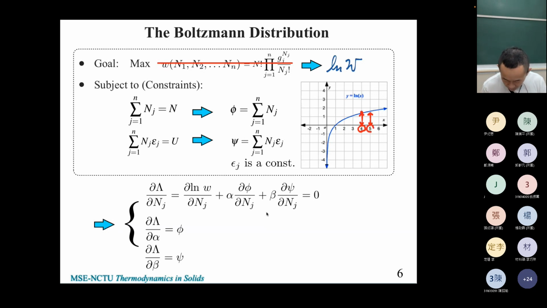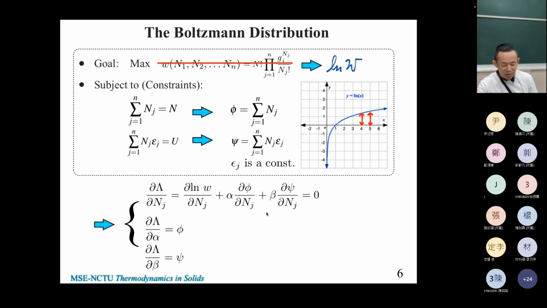If you have a value of 5, you have one value here. So natural log W and W, they are correlated one value each. And if you have greater W, you will have greater natural log W. So basically, if you maximize natural log W, you simultaneously maximize W as well.